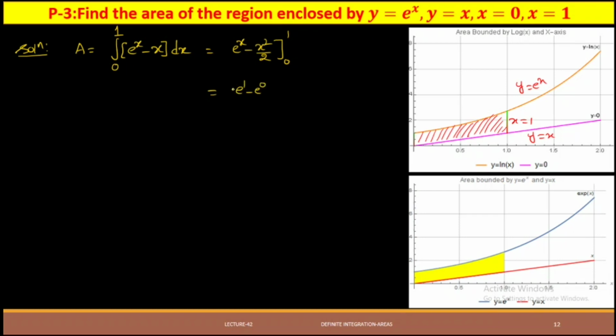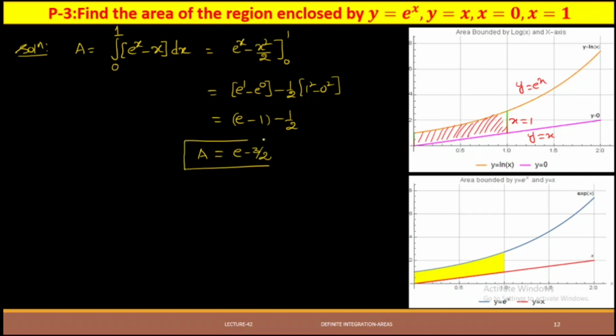So e power 1 minus e power 0 minus 1 by 2 into 1 square minus 0 square. So that is e minus 1 minus 1 by 2. So it is e minus 3 by 2. So the area of the required region is e minus 3 by 2 square units.